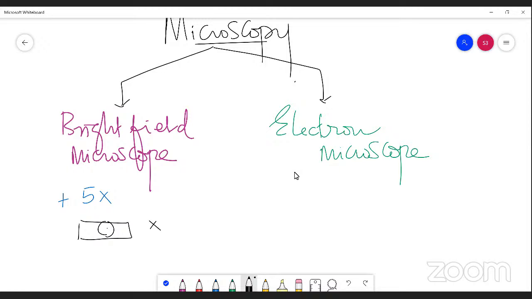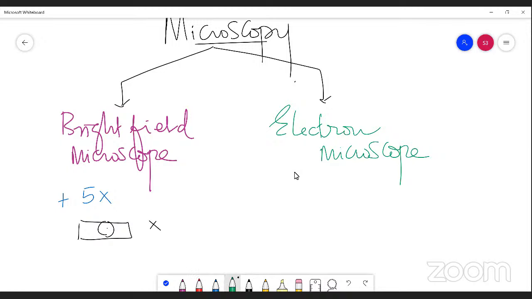Here, the bright field microscope can be used to increase an object to 5 times greater than its normal size, right? Simply I can say 5 times increased from its original size. That is called 5x.